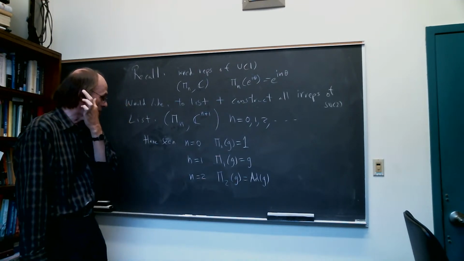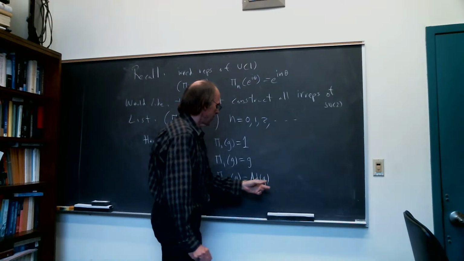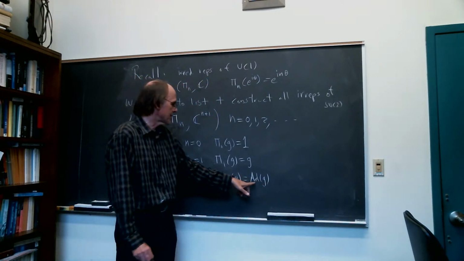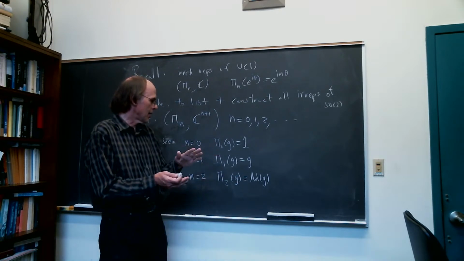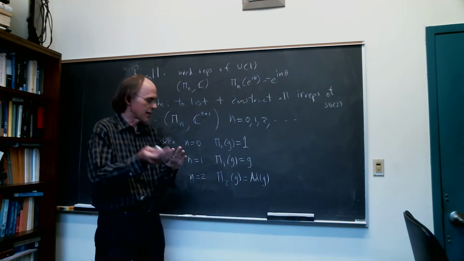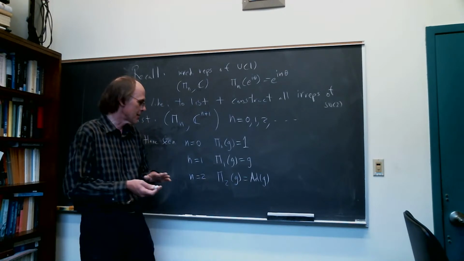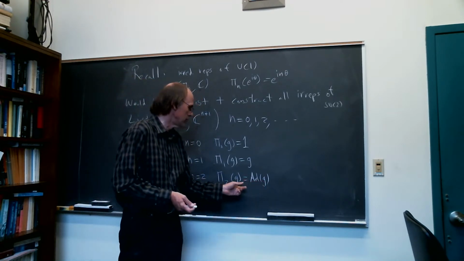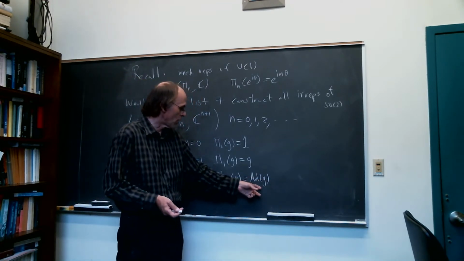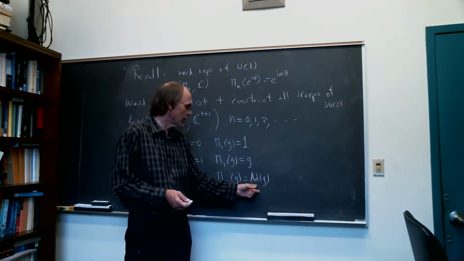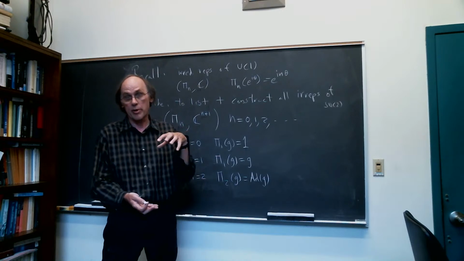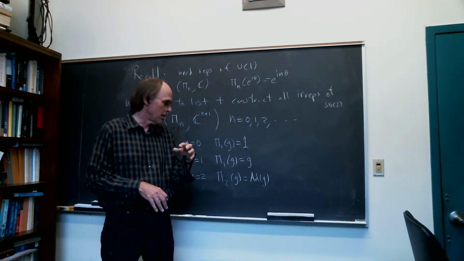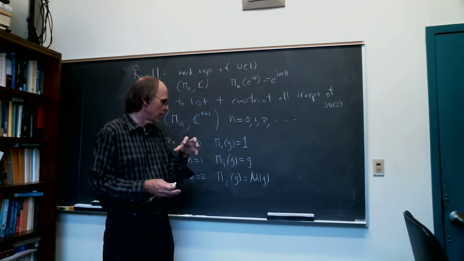And then we also saw the funny fact that this representation is actually a representation on a real vector space. You could complexify it if you want and get a complex representation, but by definition it acts on R3, not on C3.